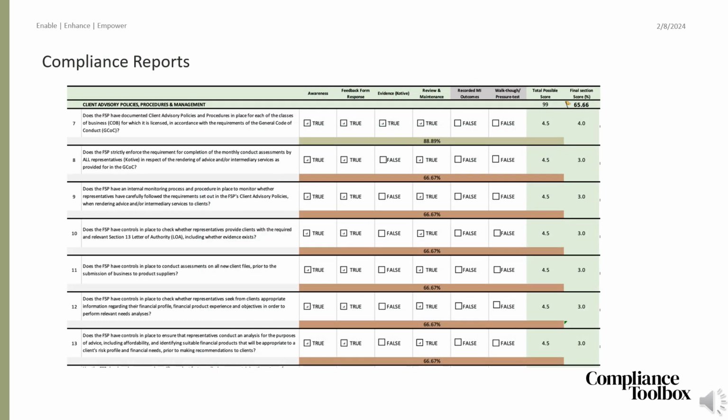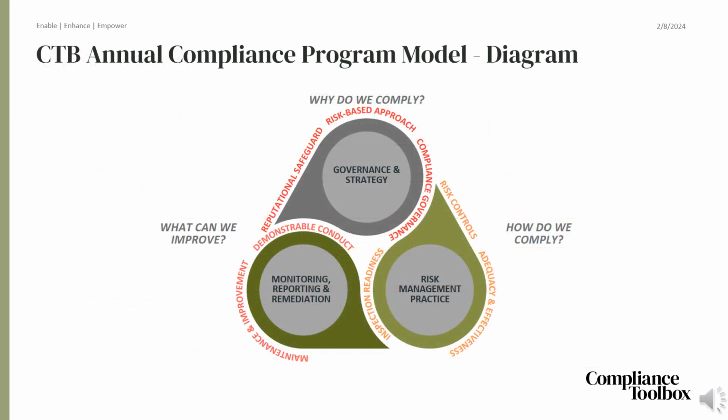These feedback forms inform the periodic compliance reports which are issued to FSBs. It is important for participating FSBs to form an accurate perception of the compliance process model, but more importantly, to prioritize its continuous hands-on and practical execution.